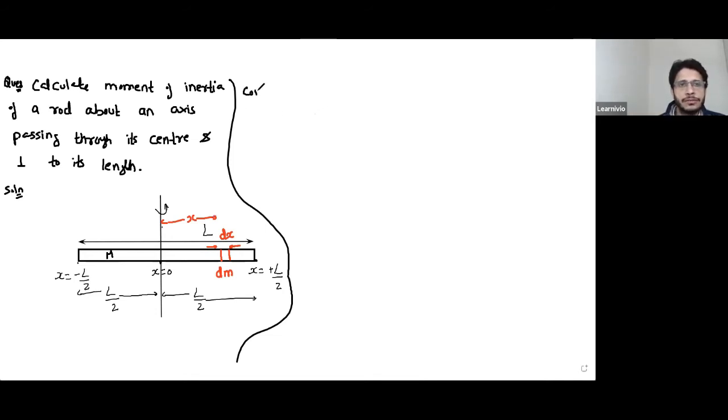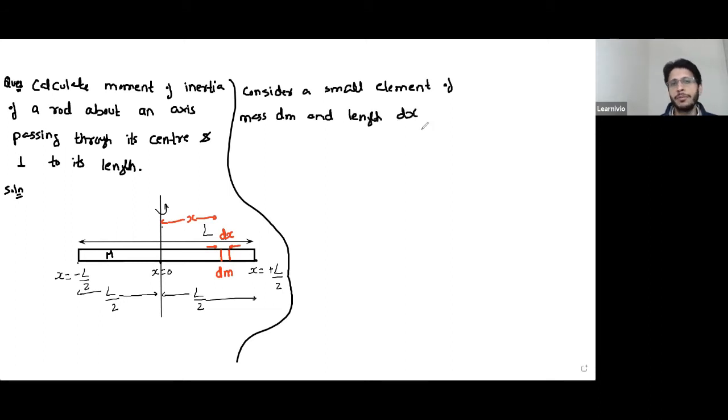So consider a very small element of rod of mass dm and length dx. So I've considered a small element having mass dm and length dx at a separation x.